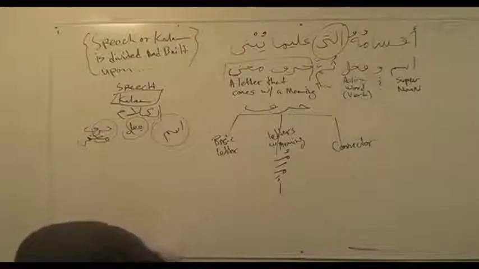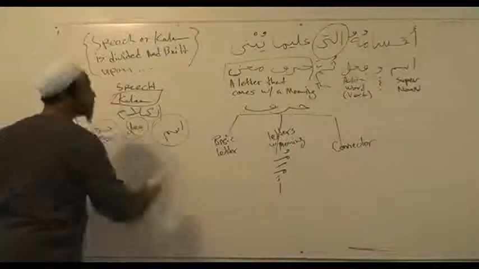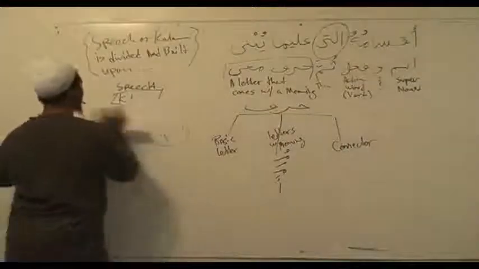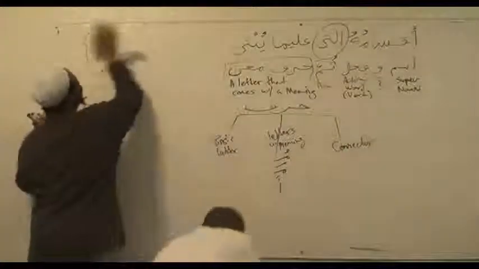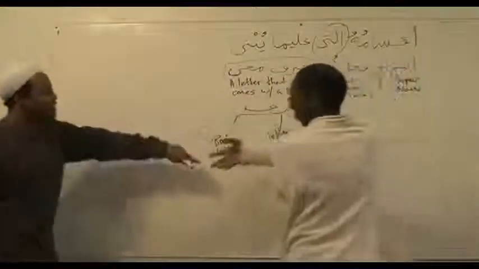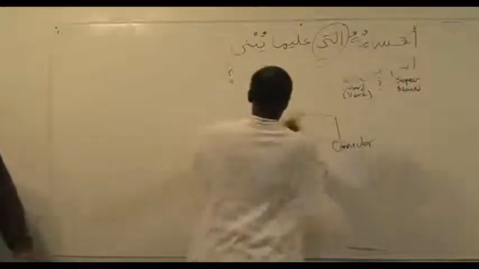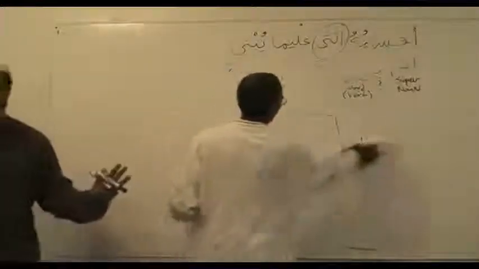Okay, at this point, I'm going to erase the board. All of it. Everybody got this, right? Okay, I hope you did, so that you can study this at home. It's very easy.